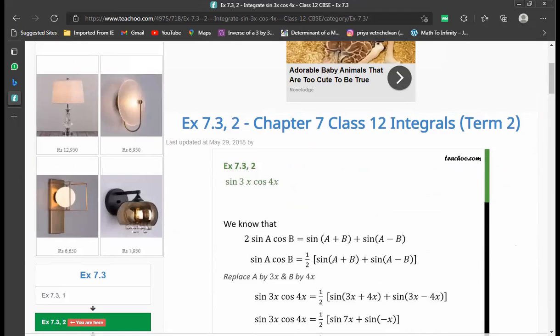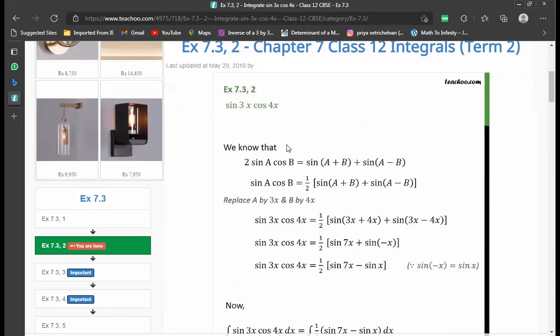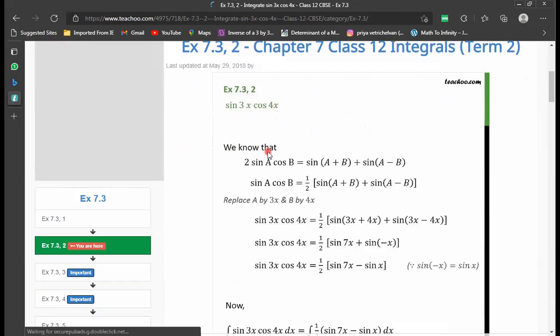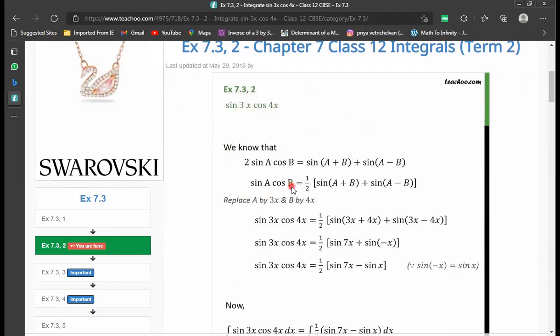In trigonometry, we do have a formula to convert the product of terms into the sum of the terms. Here you have a combination of sine theta and cos theta. So sine A cos B is equal to 1 by 2 sine of A plus B plus sine of A minus B. This is the formula.